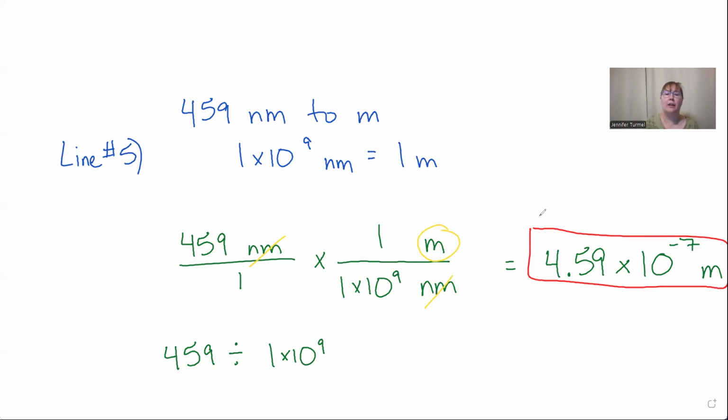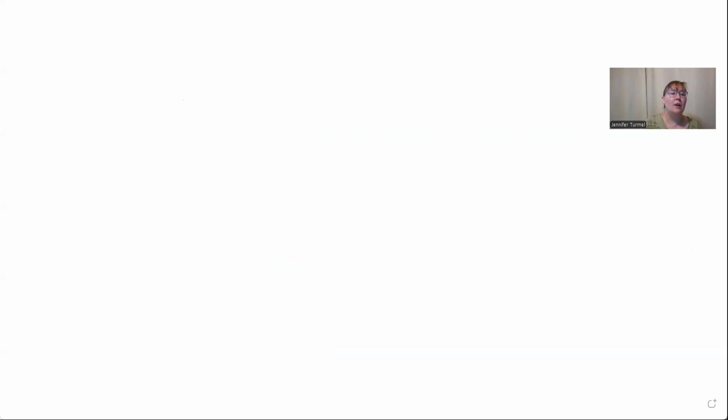Okay. All right, excellent. And now let's take a look at the last one on here. And this one says that we have 1.25 liters, and we are going to convert that to milliliters.